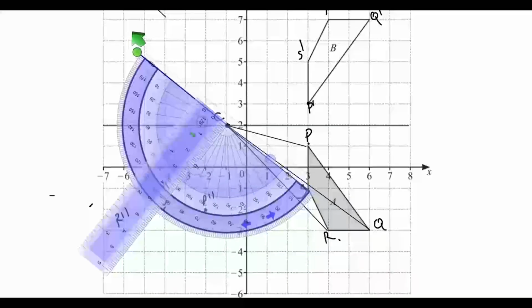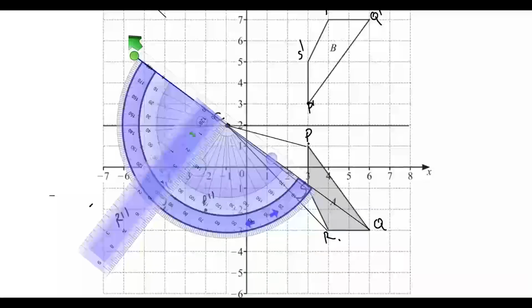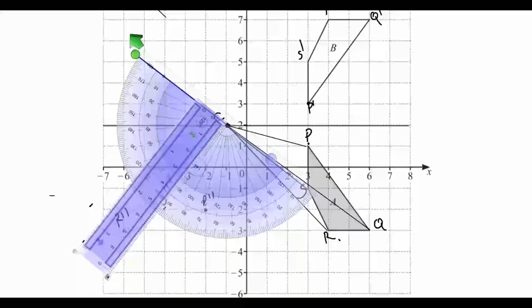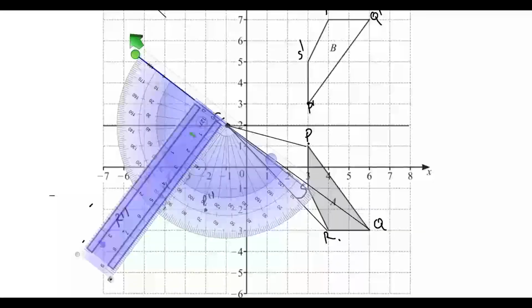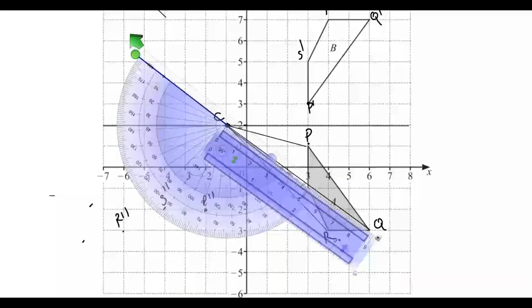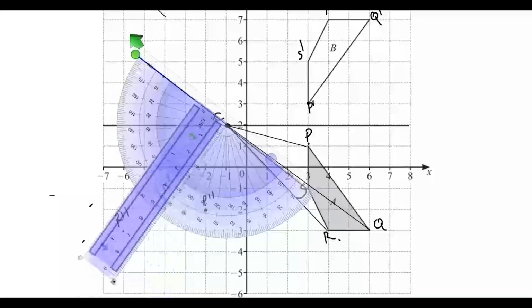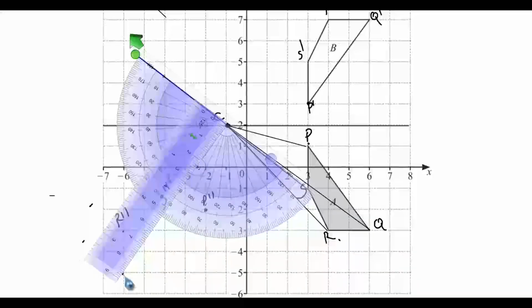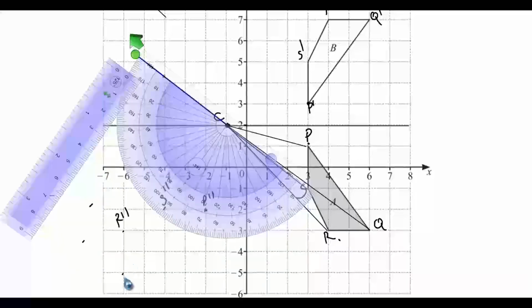Center at the center of origin, 0 on the line that goes to Q. So 90 degrees will be somewhere here. So let's adjust the ruler a little bit. So 90 degrees will be here. What did we measure there? So let's take it again to measure this line. This is about 8.8. So let's measure 8.8 here. If you set this, this is the point now. Then we can easily put Q prime prime here.